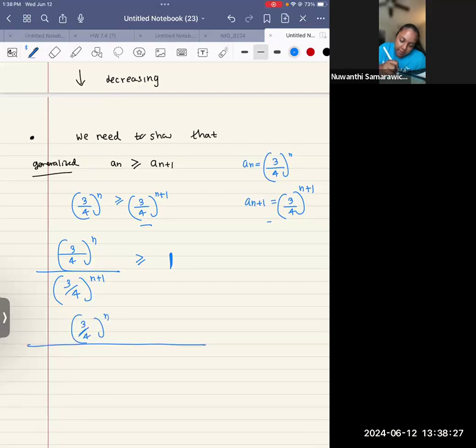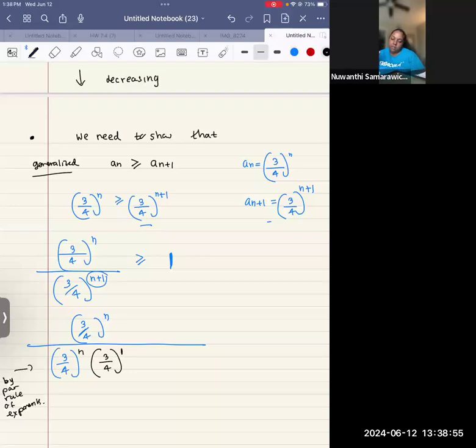Then you can write the denominator as 3 over 4 to the power n times 3 over 4, by the power rule of exponents, because if the same base is there, we can add the powers.